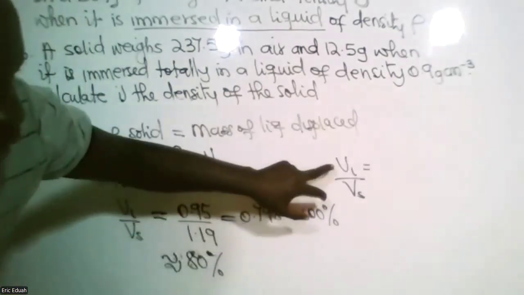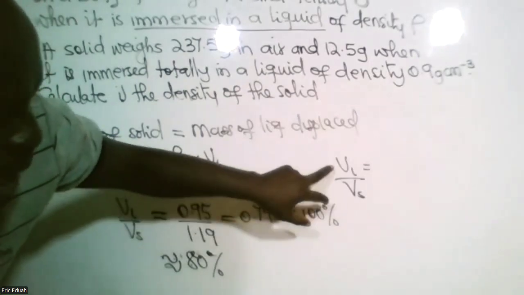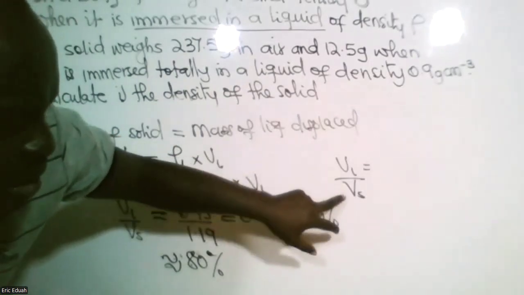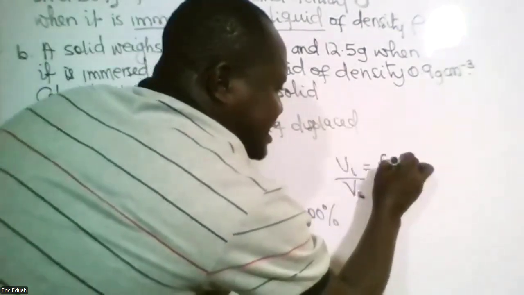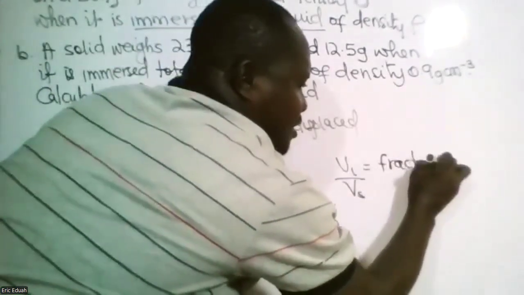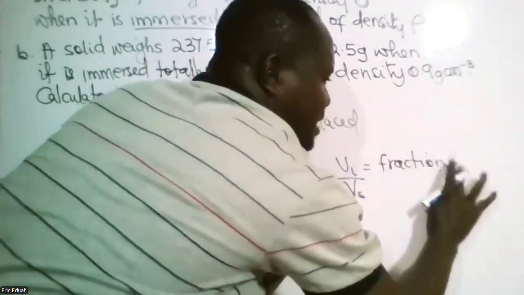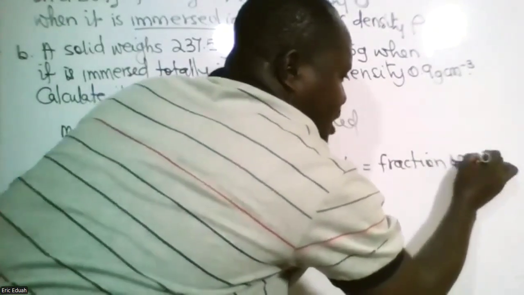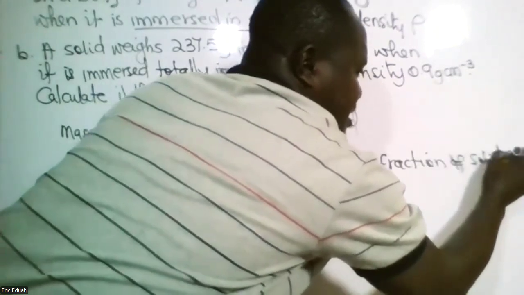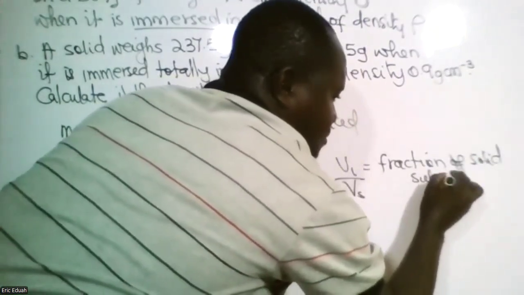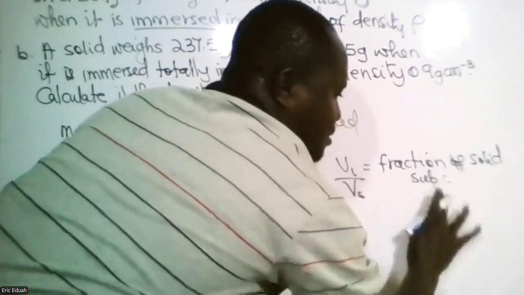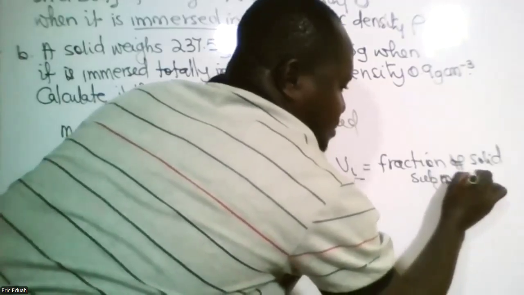So the ratio of VL over VS is equal to the fraction of solid submerged.